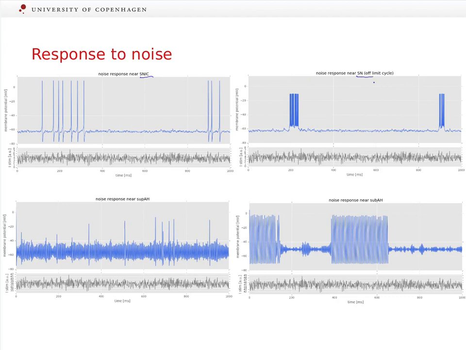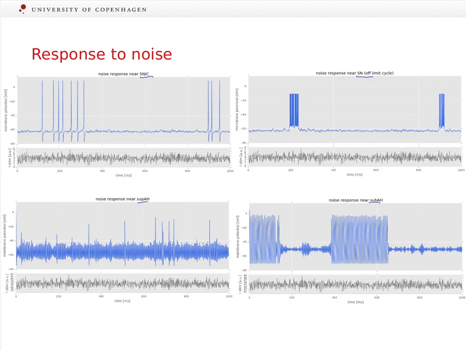This is saddle node off limit cycle. This is suprathreshold, and this is subthreshold Andronov-Hopf bifurcations. I use the same pseudo-random applied current and see how the neurons near the different bifurcations respond to this noisy input.